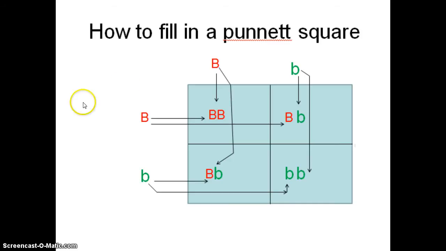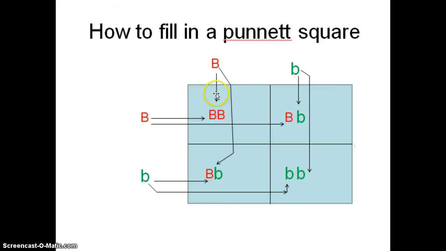To fill in a Punnett square, you take the first organism and you separate out. This would be a heterozygous across the top, putting one letter here and one letter here, crossed with another heterozygous, so one letter here and one letter here. And for a monohybrid cross, you want to make a nice big square box and then put panes inside that.